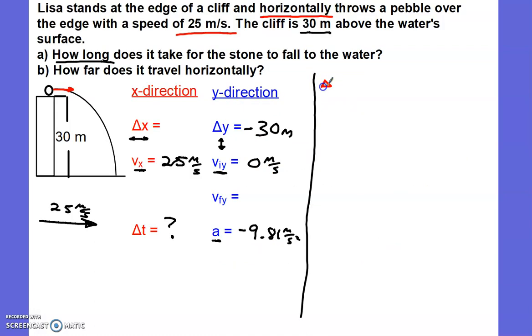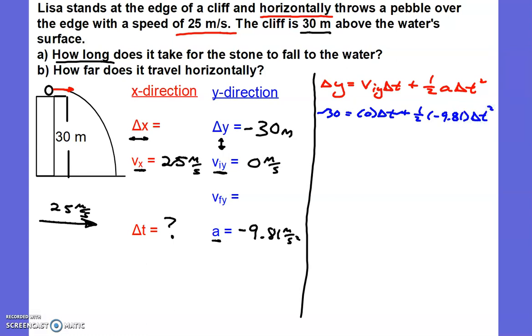Rewriting that equation, delta y is Viy delta t plus 1/2 a delta t squared. I now replace the numbers. I have negative 30 is equal to 0 times the time plus 1/2 negative 9.81 times the time squared. Anything times 0 is 0, so the 0 and the delta t both go away. I'm left with negative 30.